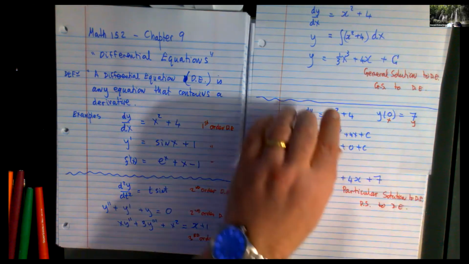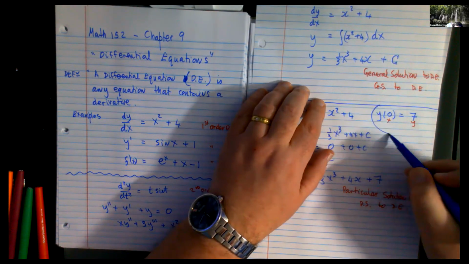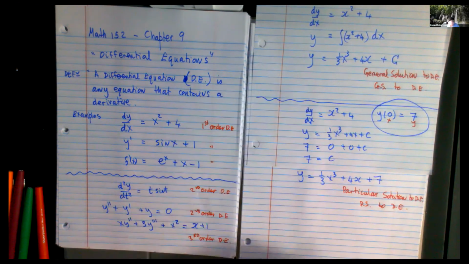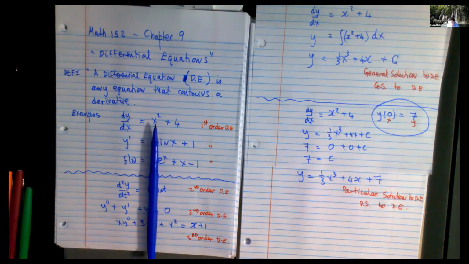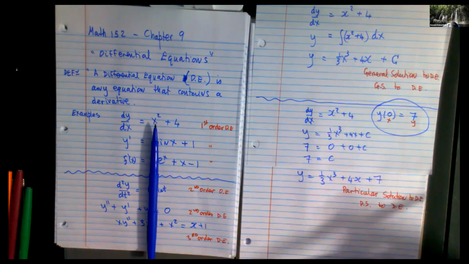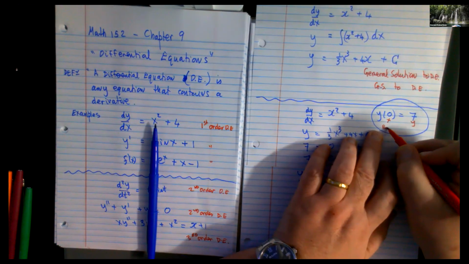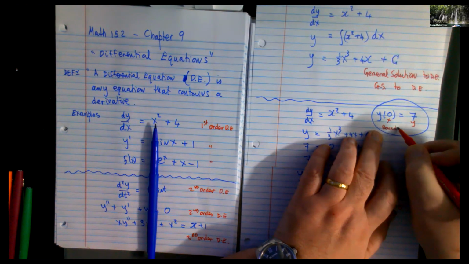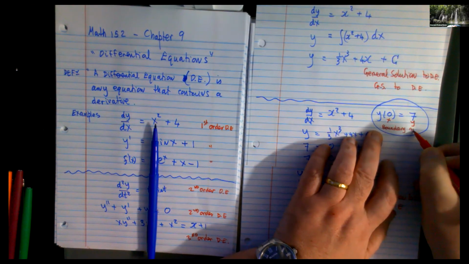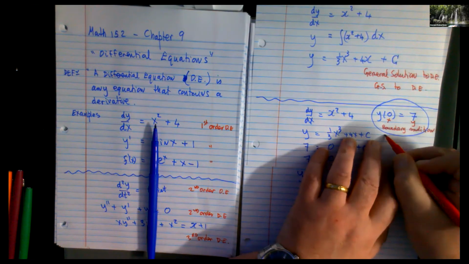But when you do it, you are given an extra piece of information to make that happen. And this extra piece of information is given a name. It's called a boundary condition or an initial condition.